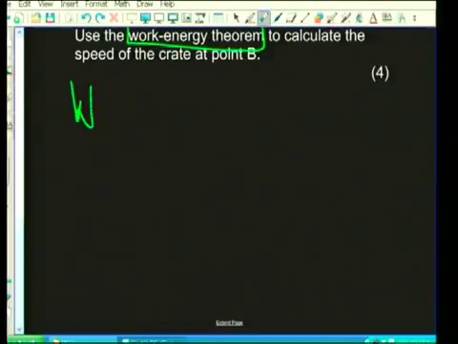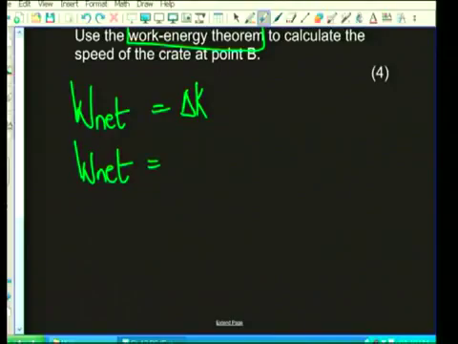Okay, so the work energy theorem says to us that W net equals change in kinetic energy. We have worked out W net, we just worked it out, 535,51.